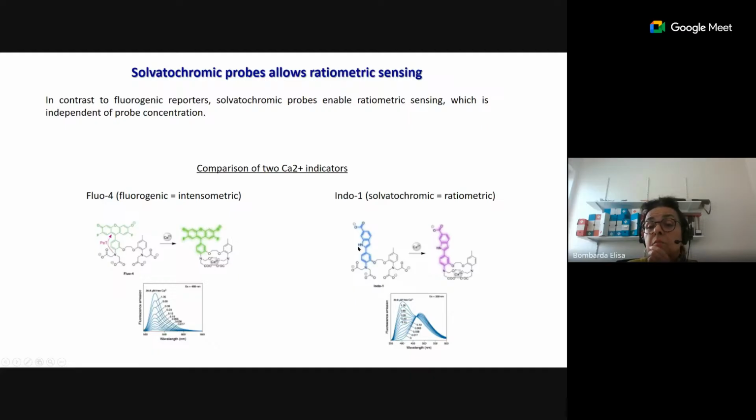The color of the probe is in fact changing when it binds calcium, and comparing the height of this band, we can determine how much calcium is there after, of course, calibration.